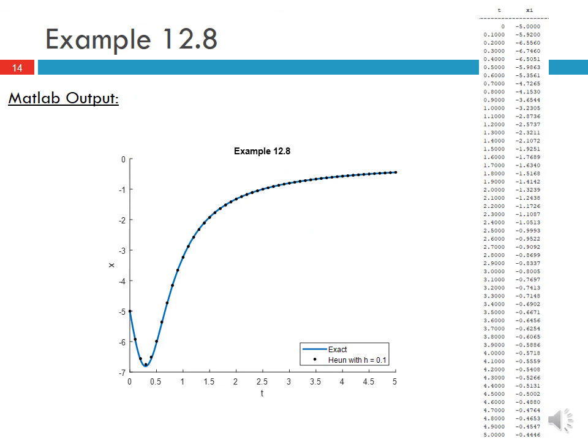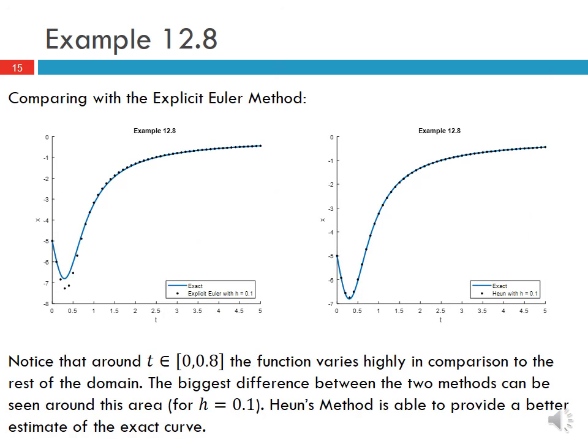This was implemented in MATLAB, and the output is shown here. Using a step size of 0.1, we get a very good estimate of the function for this example. And we can compare this with the explicit Euler method result for this example. You notice that where t is between 0 and about 0.8, the function varies highly in comparison to the rest of the domain.